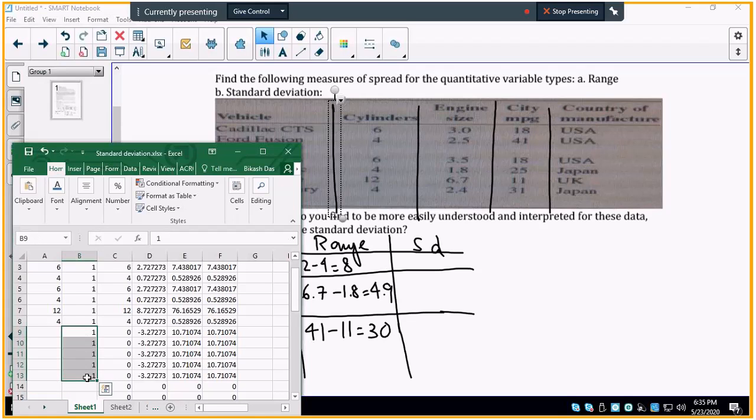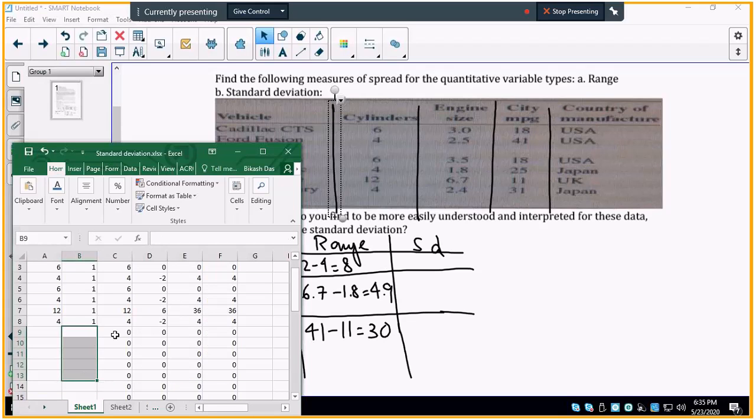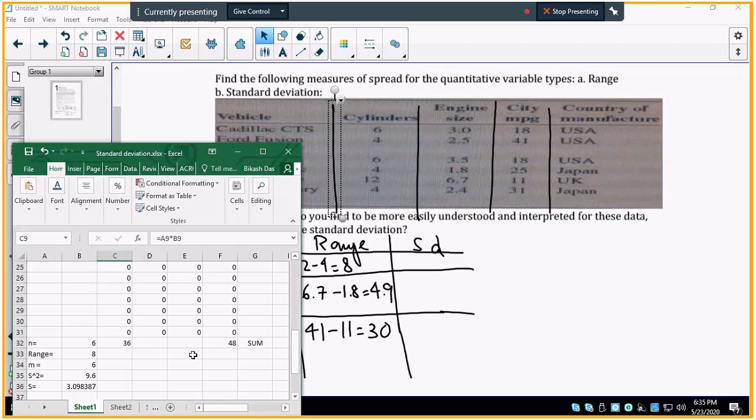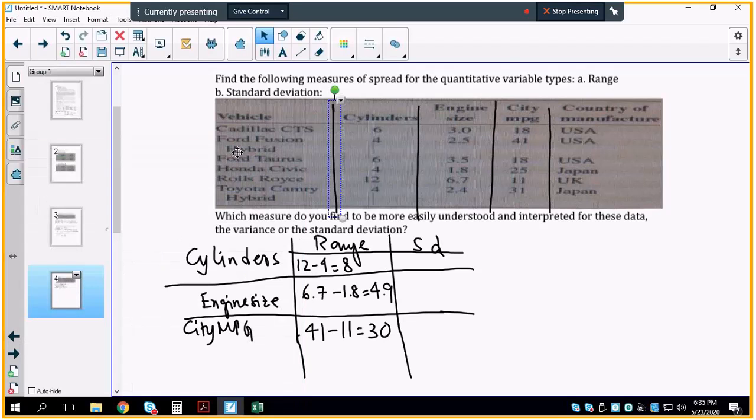We will write down each data once, and using the frequency 1 doesn't hurt anything. We found the standard deviation to be 3.0984.